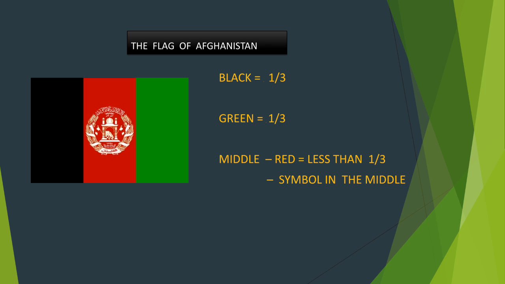No, because of the symbol in the middle, that red color is less than 1 by 3. Black 1 by 3, green also 1 by 3, red less than 1 by 3 because it has a symbol in the middle.